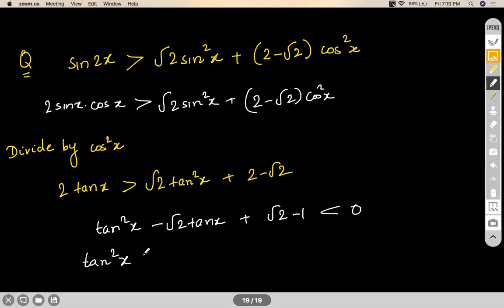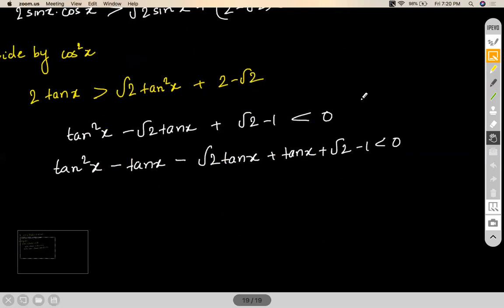You can write this as tan square x minus tan x minus root 2 tan x plus tan x plus root 2 minus 1.